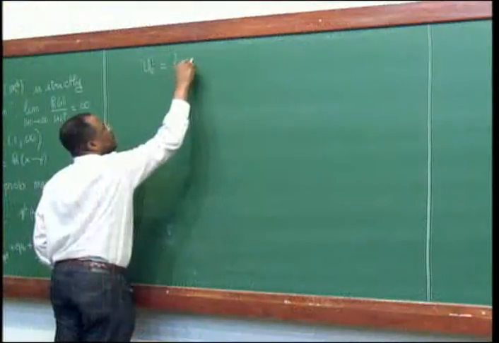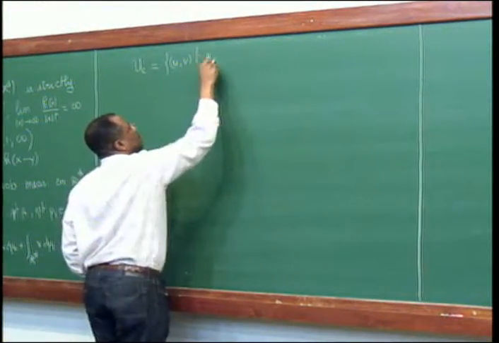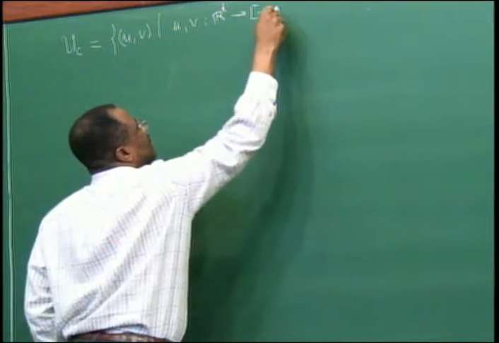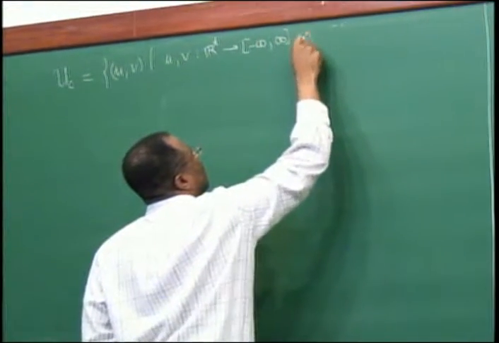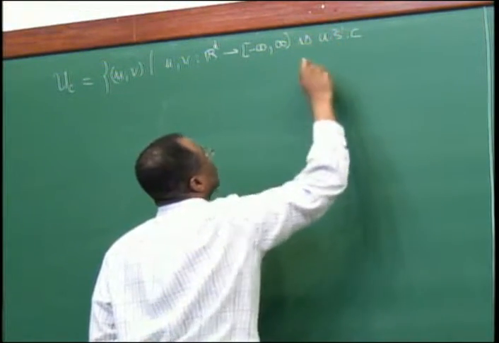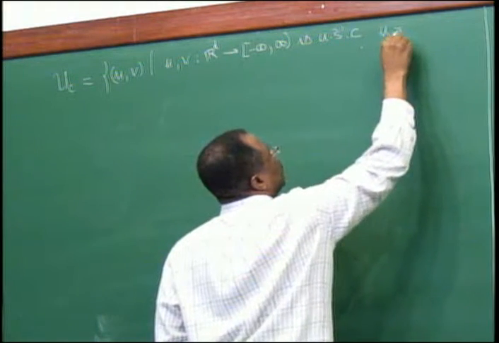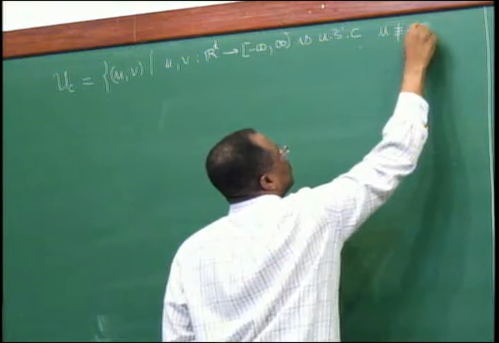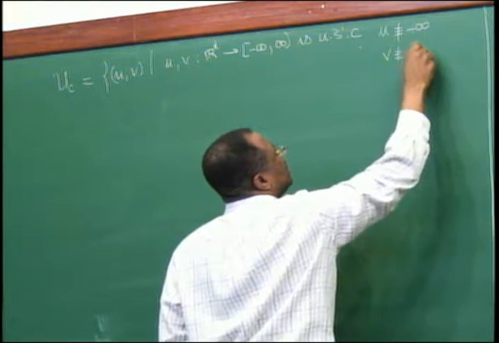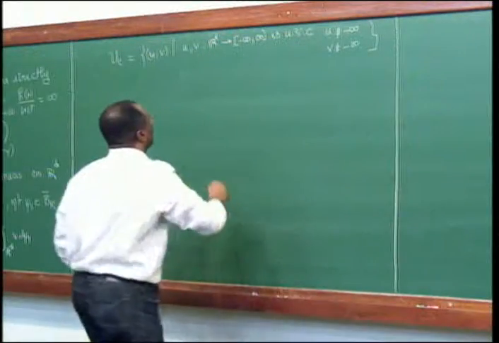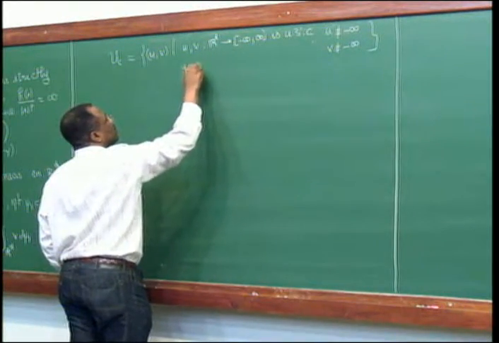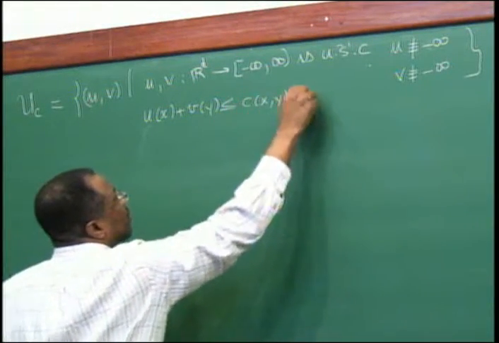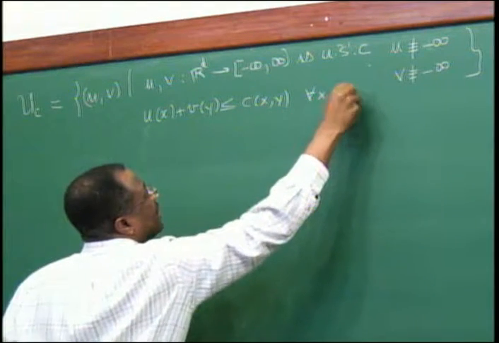This is the set of u, v such that u, v from Rd to negative infinity, plus infinity, is upper semi-continuous. u is not identically negative infinity. v is not identically negative infinity. And u of x plus v of y is less than c of x, y for every x, y in Rd.